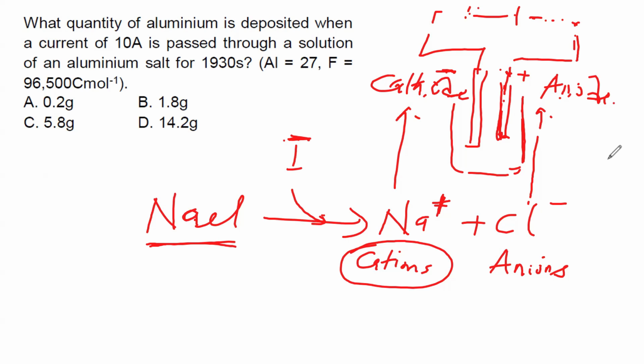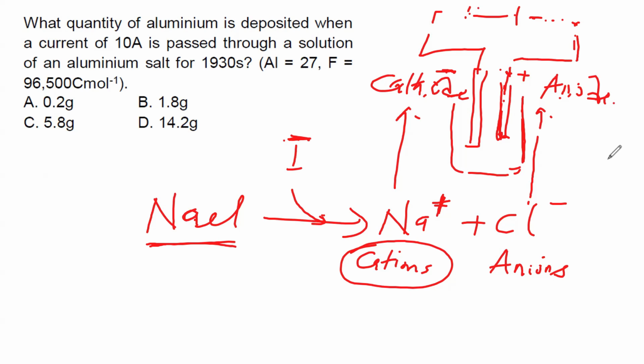They must go there and accept electrons to become neutral. While the anions, the negative charge here in the chlorine, have sufficient electrons, and the anode has deficient electrons. Therefore, the anions will go to the anode and deposit electrons.